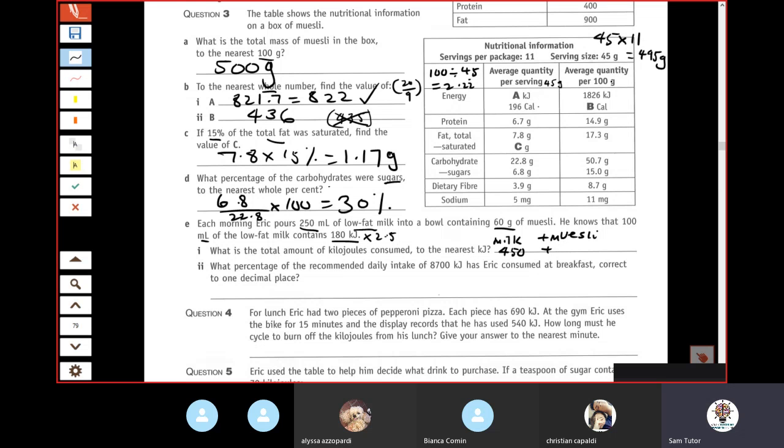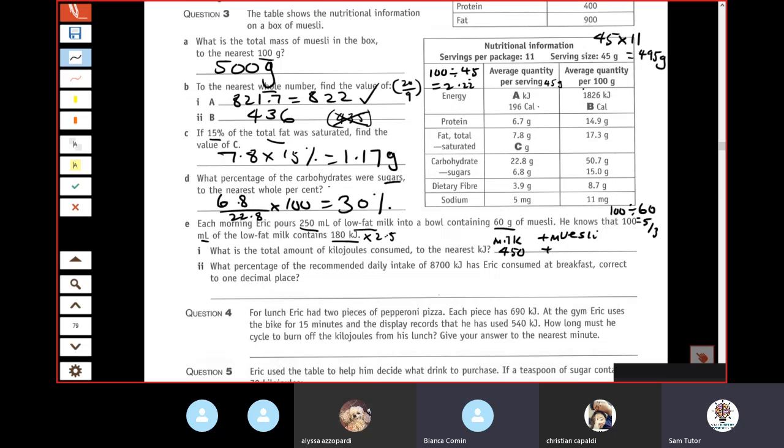Plus 60 grams of muesli. We want 60 grams, but we only have it for 45 and 100. What I would do is probably go and convert again, like we did with 45 grams. So I would do 100 divided by 60 to work out how many times that goes in. So 100 divided by 60 simplified becomes 5 over 3.